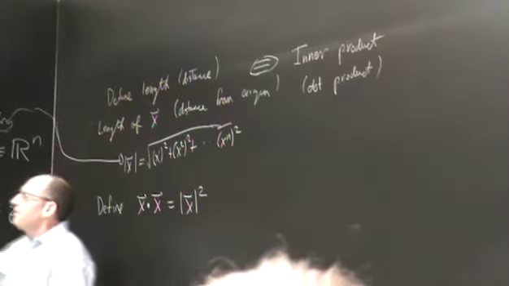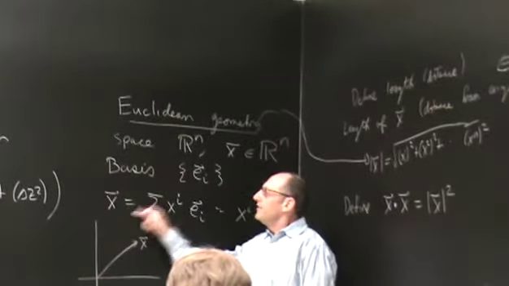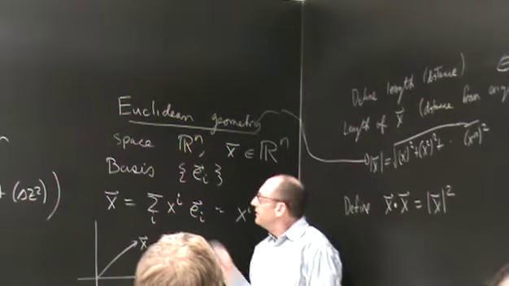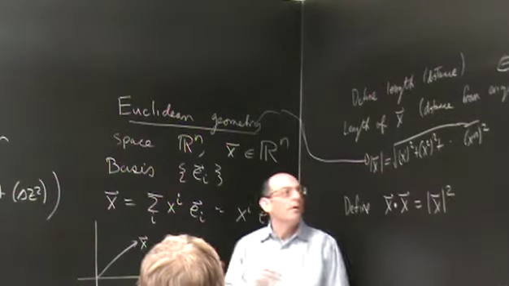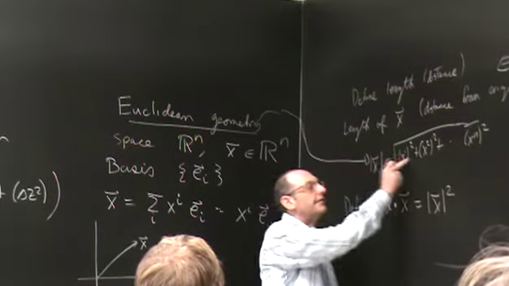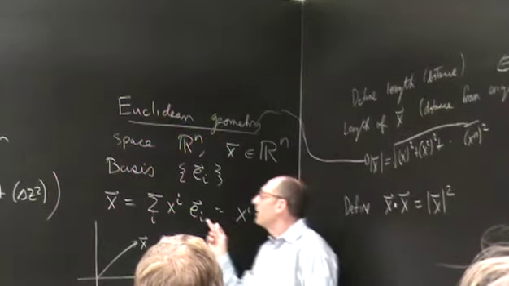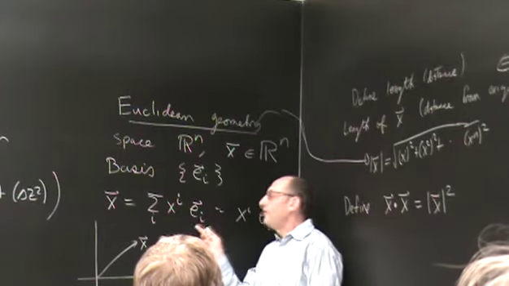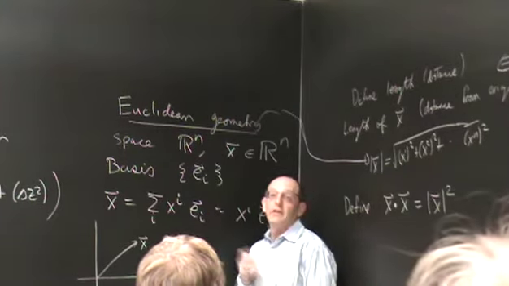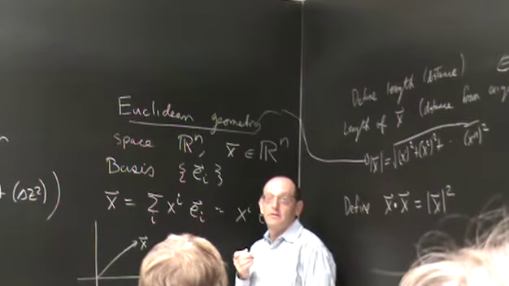Now, given the fact that our vector in the space can be decomposed into a basis, this tells us something about the relationship between inner product and distance, something about what we are defining the inner product to be between different basis vectors.